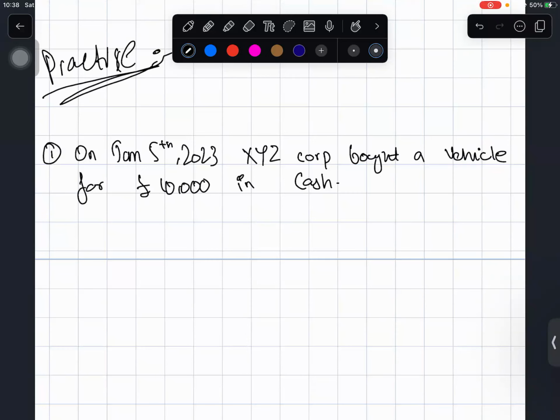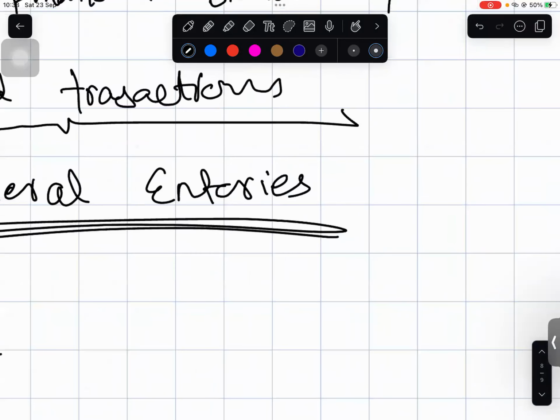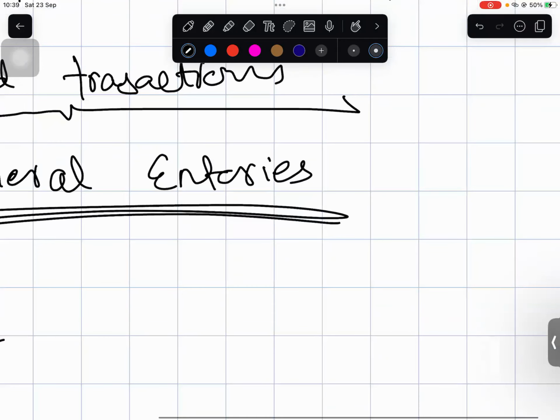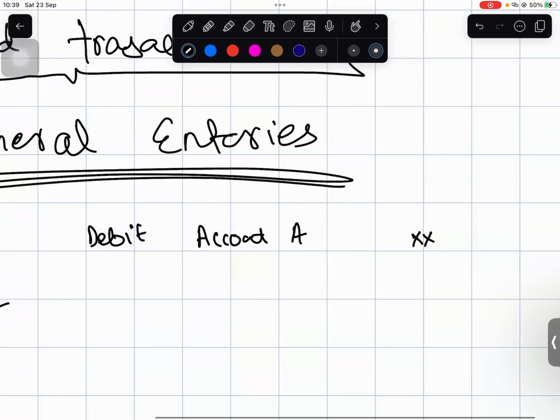Now, when we read this statement, how do we make journal entries? It's very simple. In order to make a journal entry, the first thing we need to do is whatever is being debited, we write it at the top. For example, we'll write debit, account A, and write the amount in front of it, and the credit account will be written underneath, with a little bit of space left.